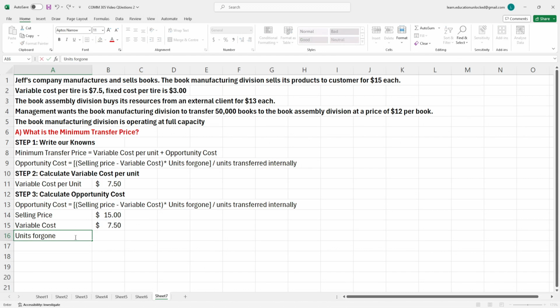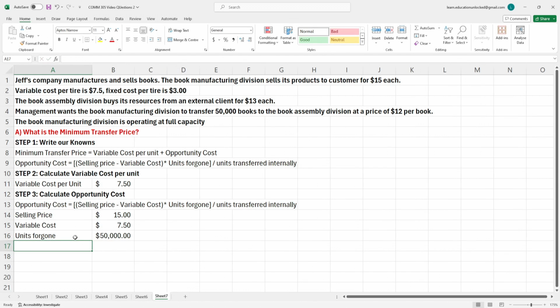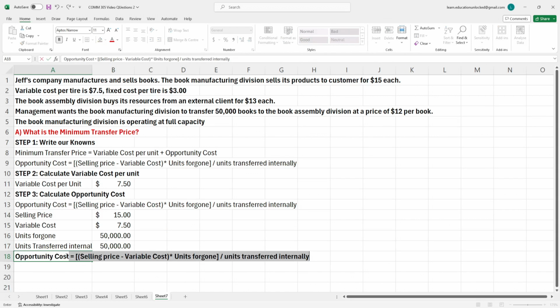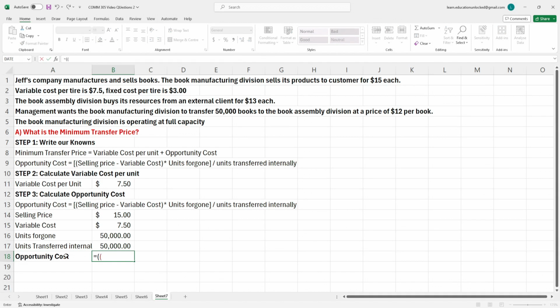Units foregone is 50,000. Units transferred internally is also 50,000, and this should be in units. So our opportunity cost is going to be, and make sure you guys put your brackets if you're doing this, selling price minus variable cost times your units foregone divided by the units transferred internally, and make sure I close the brackets here. So that gives us $7.5 is our opportunity cost.